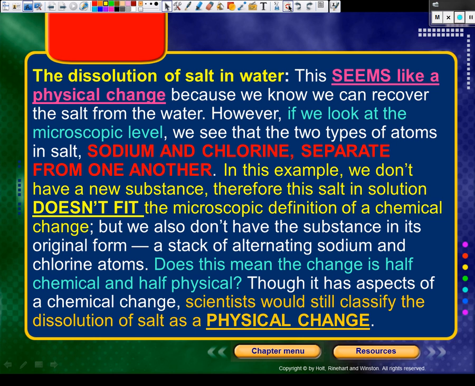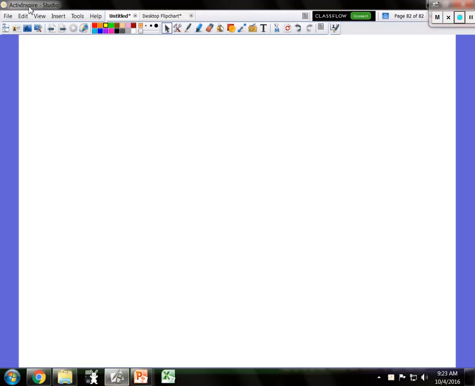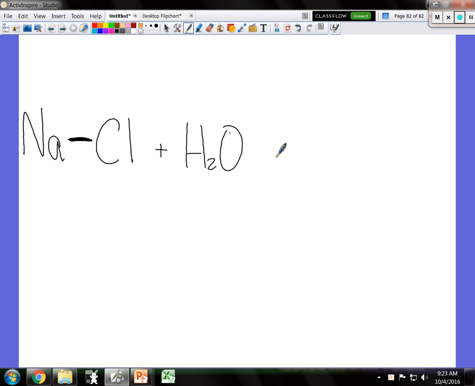Pause right there for me. Above or below this slide, wherever you have the room, please draw this for me, just like this. This is a weird way to do it, but I'm emphasizing something when I drew it like this. Does anyone know what that line between Na and Cl represents?